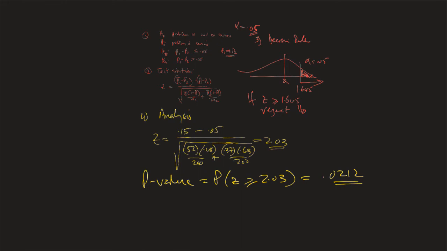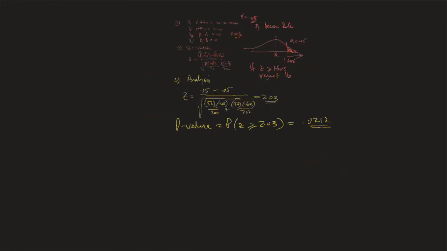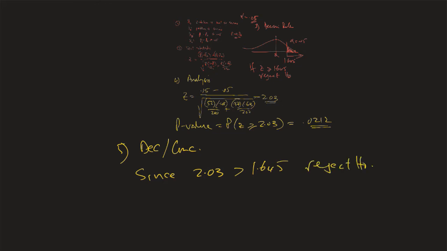So step 5, decision and conclusion. Since 2.03 is greater than 1.645, we will reject the null hypothesis. We conclude we have sufficient evidence the issue is serious and merits attention.